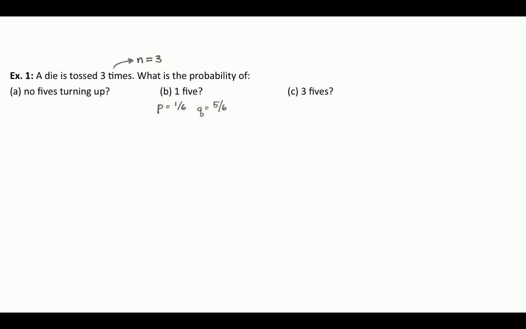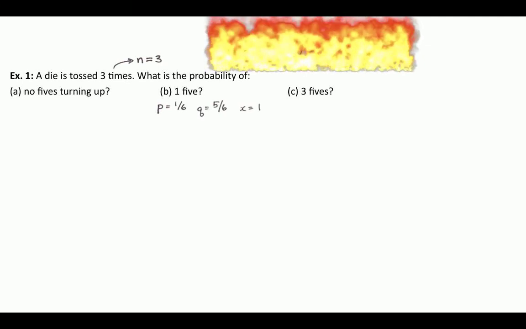And everything else, getting a 1, a 2, a 3, a 4, or a 6, is a failure, and there are, of course, 5 options for that. So q is 5/6. In this specific example, I want the probability of only 1 5, 1 success out of 3 trials. And so what that tells us is that x is equal to 1.